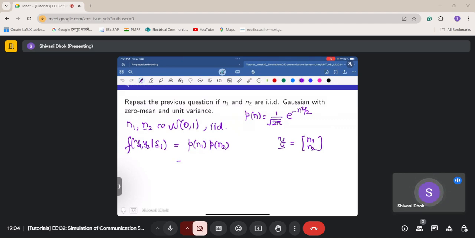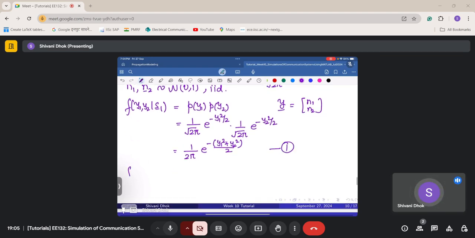So this becomes 1 over 2 pi into e power minus y1 square plus y2 square by 2.